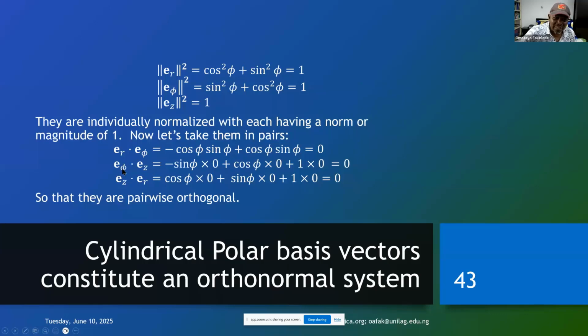The dot product of e_Z and e_R is also 0. So they are individually normalized and pairwise orthogonal, which means they form an orthonormal system. And that does not depend on what the angle phi is. Whether the thing is changing with respect to phi or not, they are always orthonormal, no matter what directions they are facing.